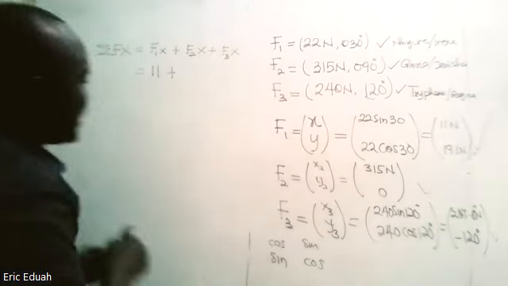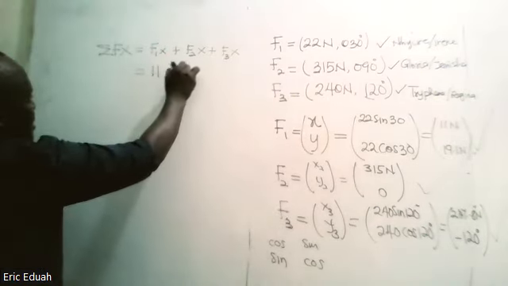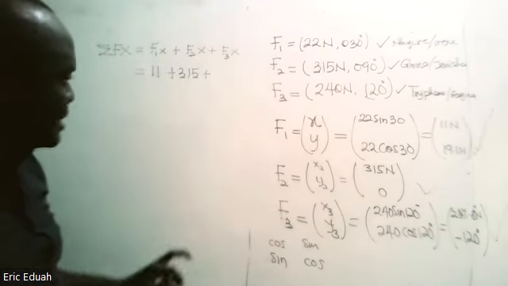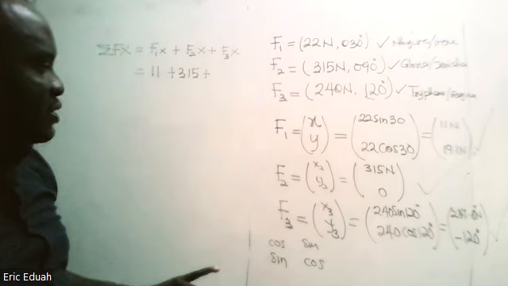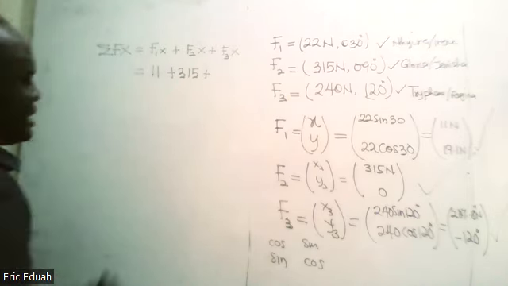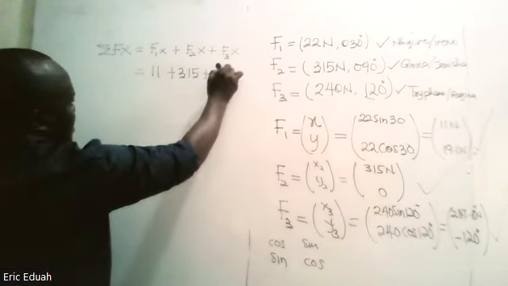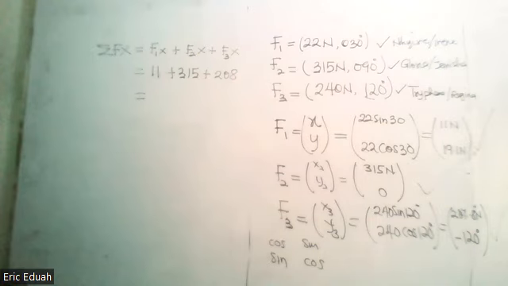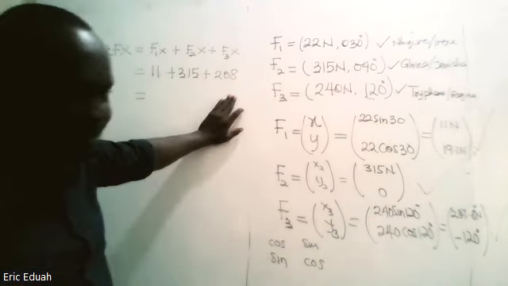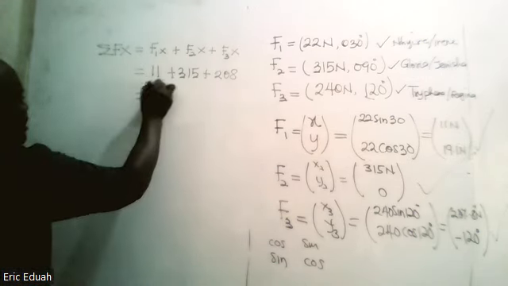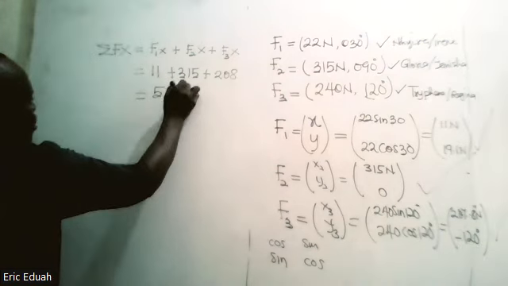F2x is 315. Then F3x. F3x is 200 and, let me make it approximately 208. Sum everything up for me. 11 plus this plus that. 534. So 534 Newton.